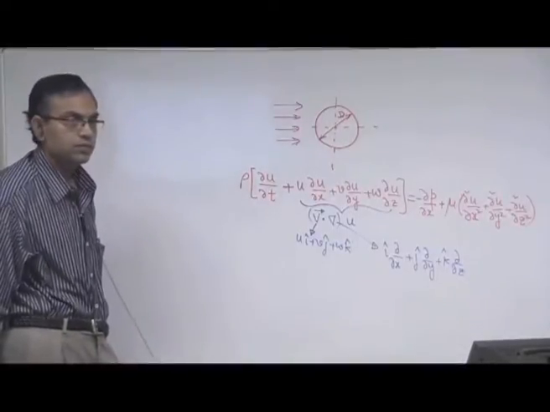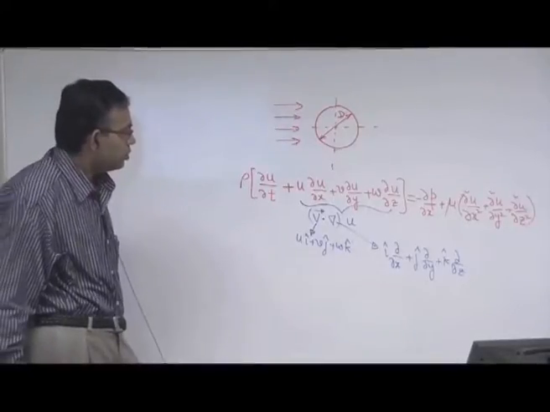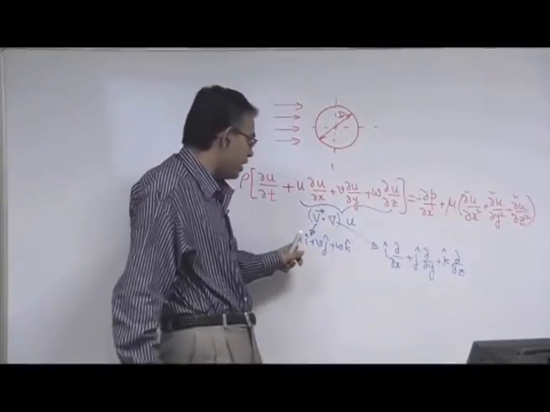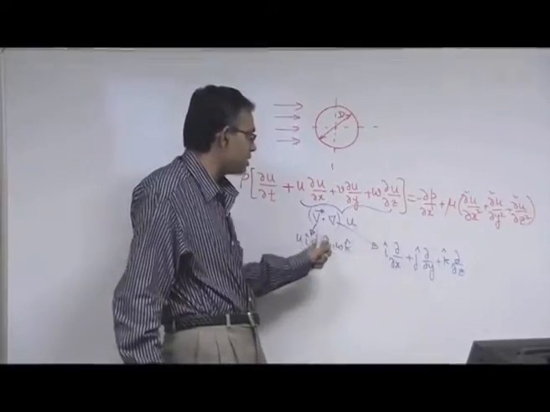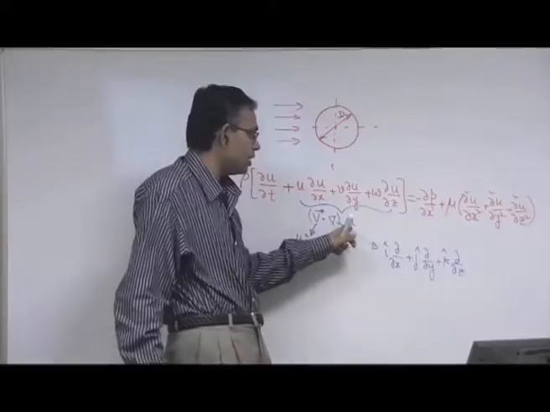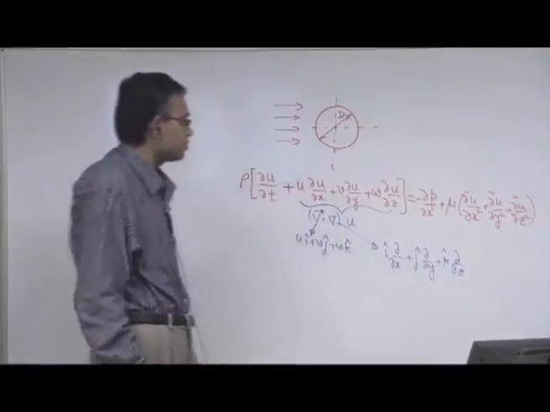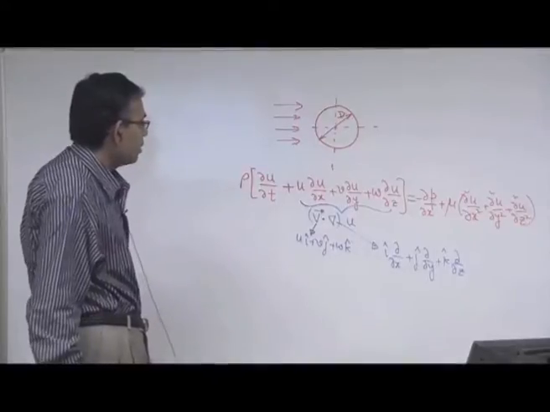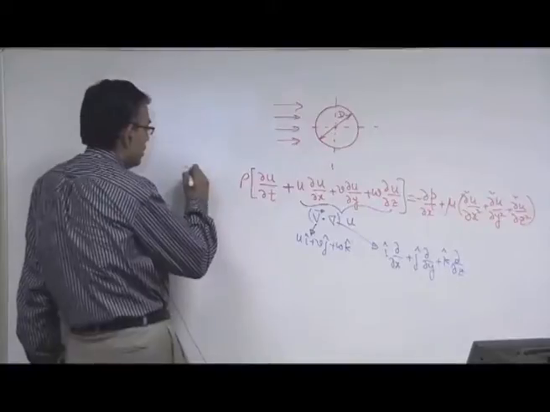Okay. So, if you take V dot del, it becomes U del del x plus V del del y plus W del del z, and the operator is operating on U. Okay. So, this is the x component of the momentum equation, x momentum.